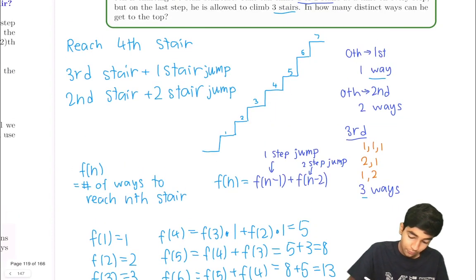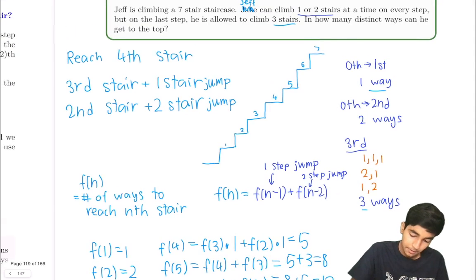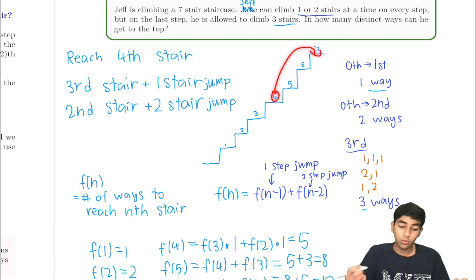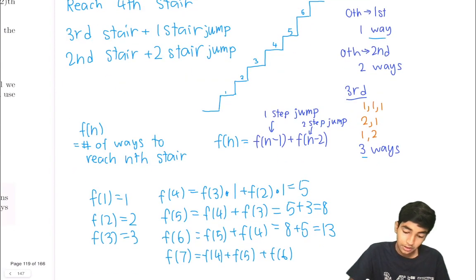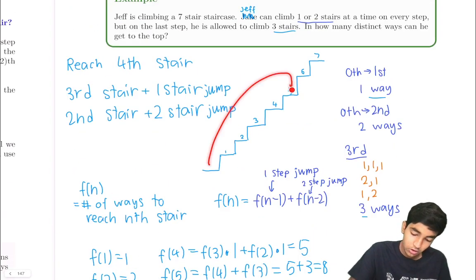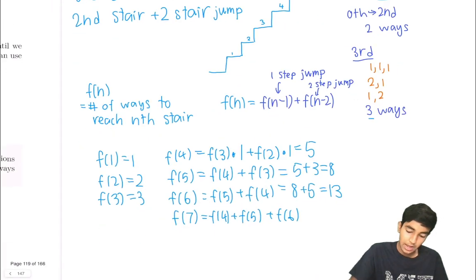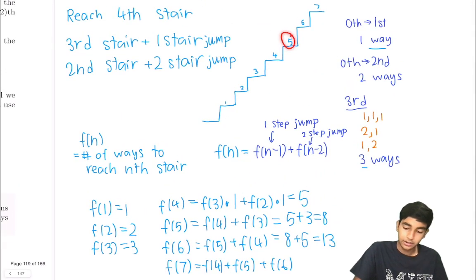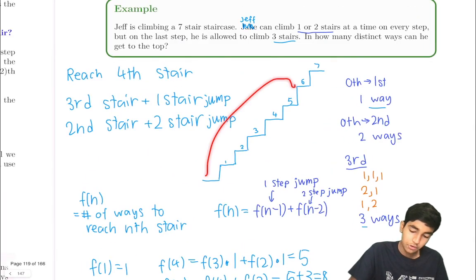So we can reach the 4th step in f of 4 ways, right? And then from the 4th stair, he can take a 3-step hop. That's one way. Also, he can reach the 5th stair and then take a 2-step jump. That's f of 5 ways to reach the 5th stair and take a 2-step jump. Or reach the 6th stair and then take a 1-step jump.